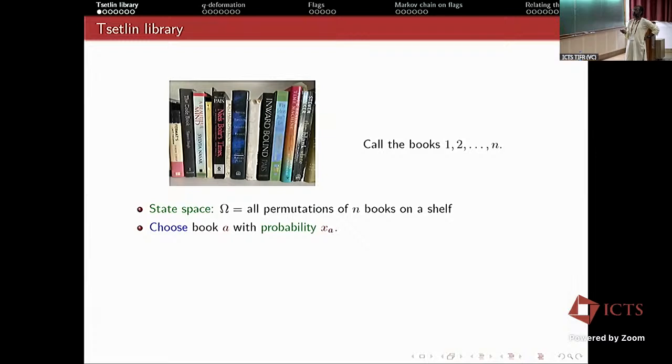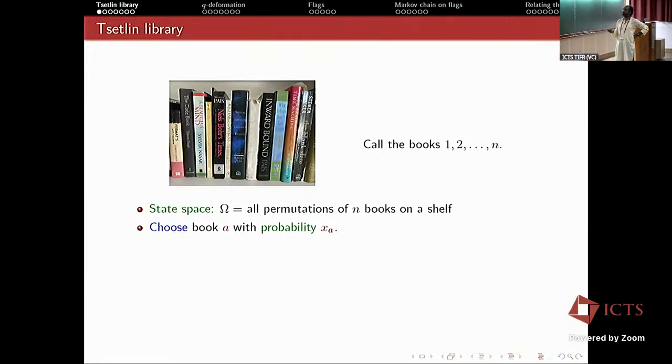Now, what you will do is you will only allow a patron to pick up one book at a time. So one person picks up a book, you will not let anybody else pick up another book until they return the book. And the idea is that each book has a certain popularity index. Let's say some books are more popular than the others.